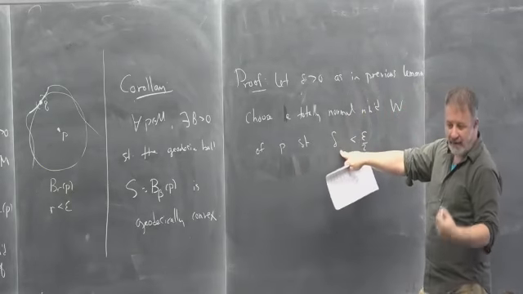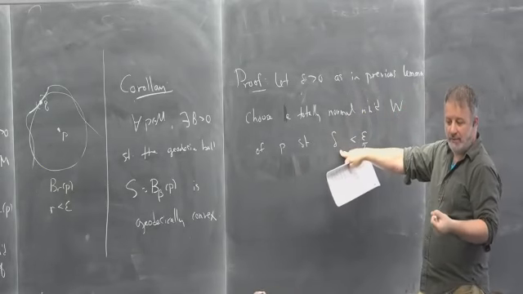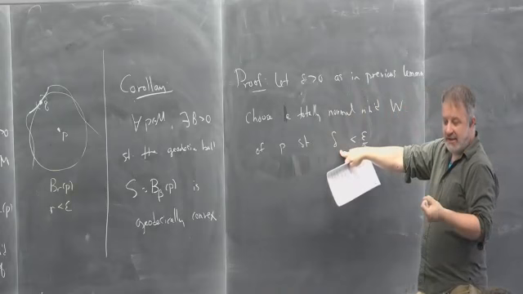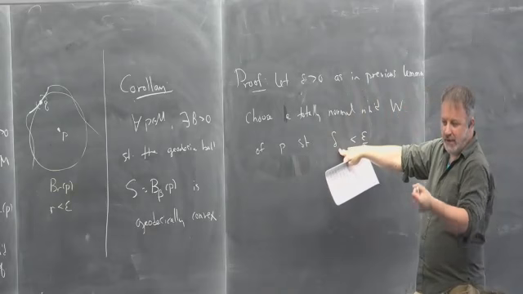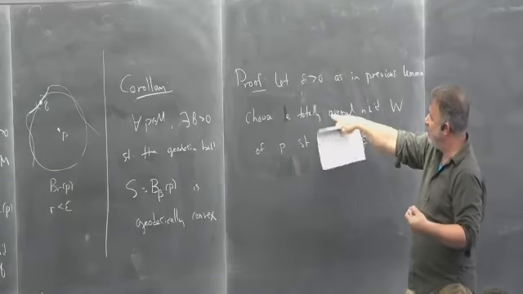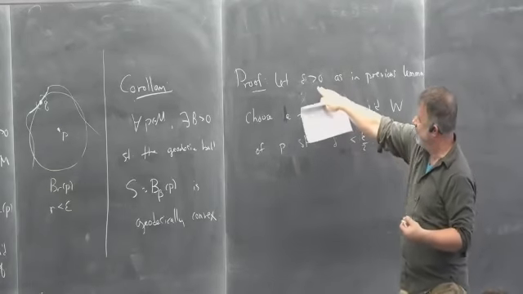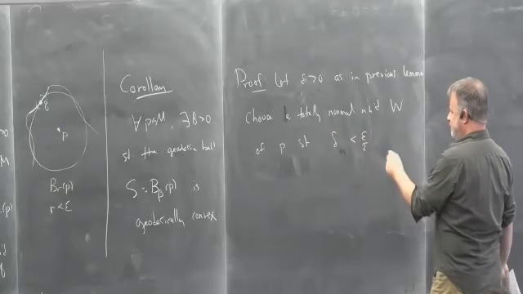Remember when we proved that every point lies in a totally normal neighborhood, there was a delta associated to that totally normal neighborhood. And I showed in the course of the proof that we could make that delta smaller if we want. So if it's not already smaller than epsilon over 2, we just choose it to be smaller.